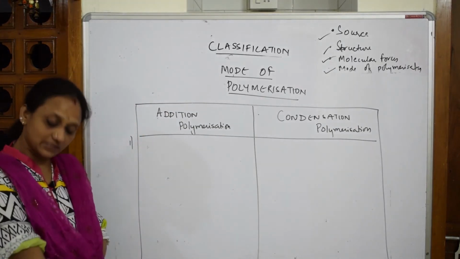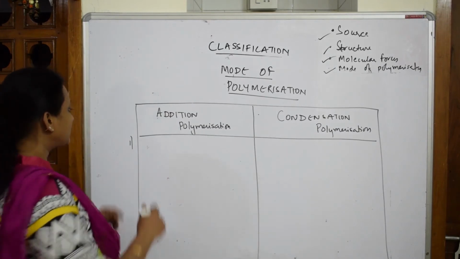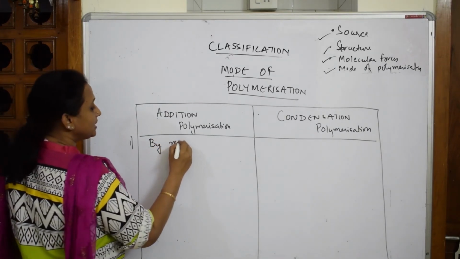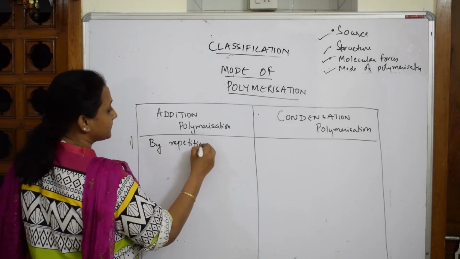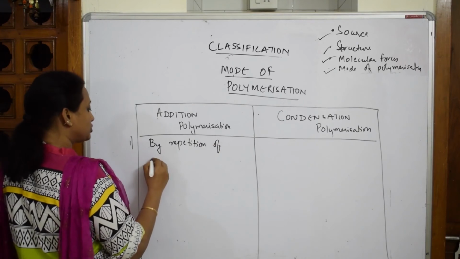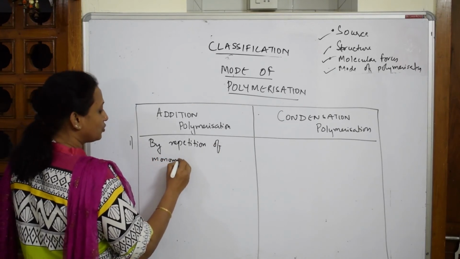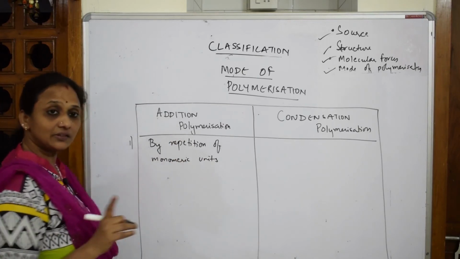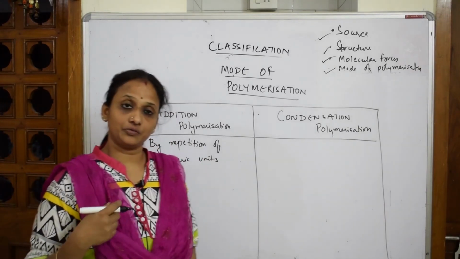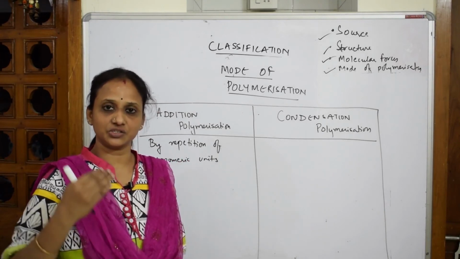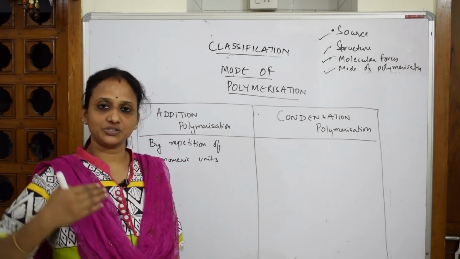Addition polymerization is formed by repetition of monomeric units. How do they repeat? They follow chain growth: one after the other, chain initiation, chain propagation, chain termination.